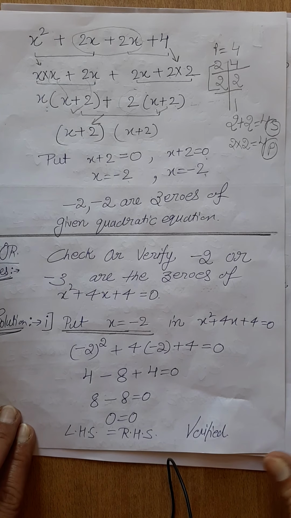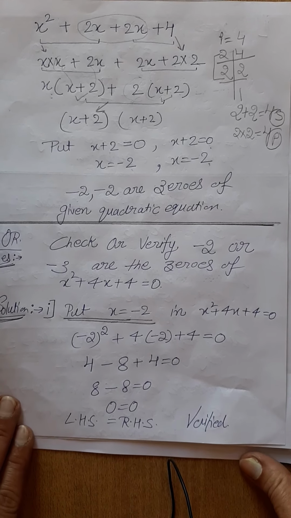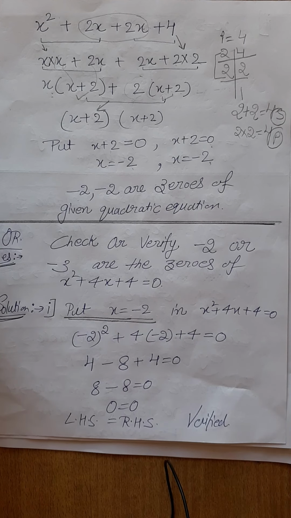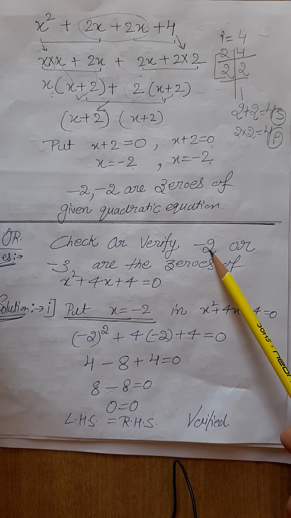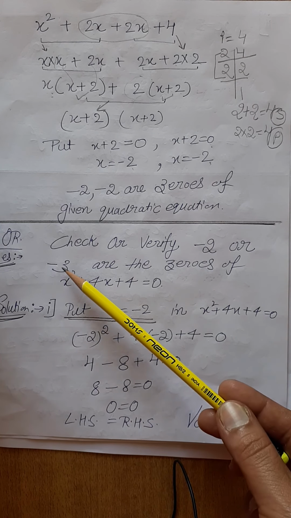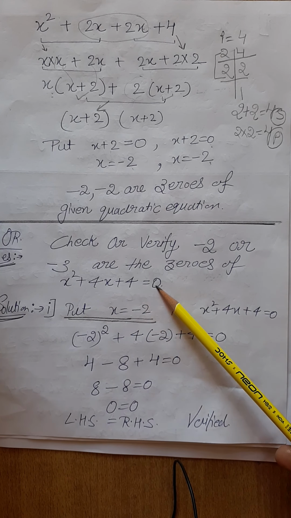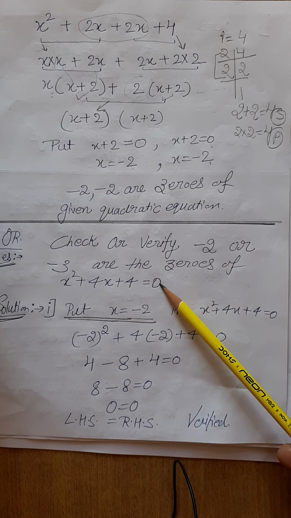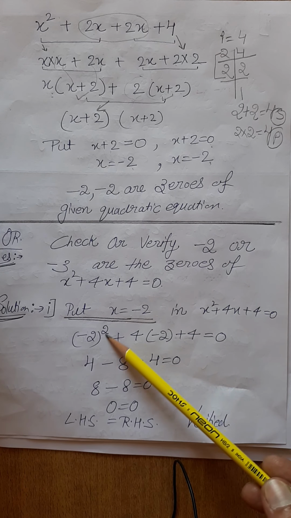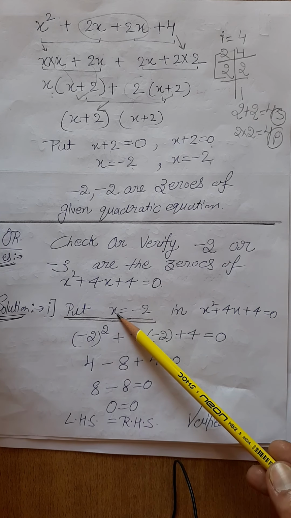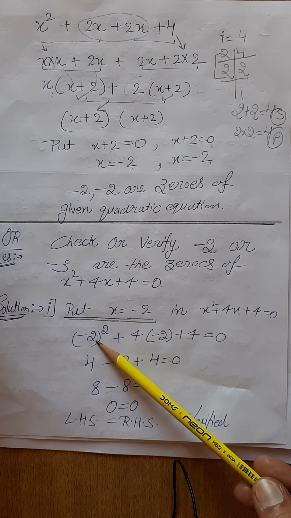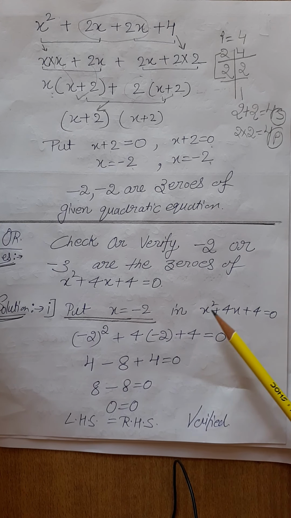Now, if we have an objective type question, mostly in exams, in very short questions they ask to check or verify, like we have a question: -2 or -3 are the zeros of this quadratic equation. To solve this, we put this value in our equation. We put the value of x equal to minus 2 in our quadratic equation, in the place of x.